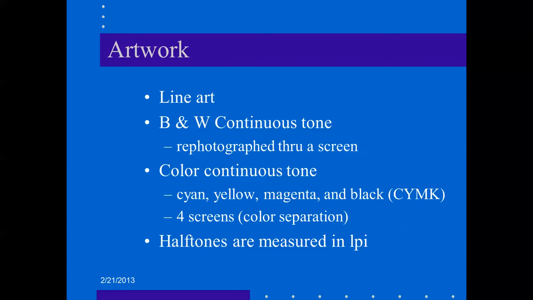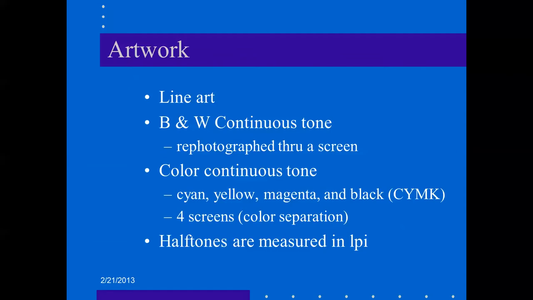Now there is different type of art that you may want to use for your project. There's line art, which is usually just black and white art that doesn't have any gradients to it. The other would be black and white art, which has continuous tones, and that would have gradients in it. This would be photographs or even shaded drawings.